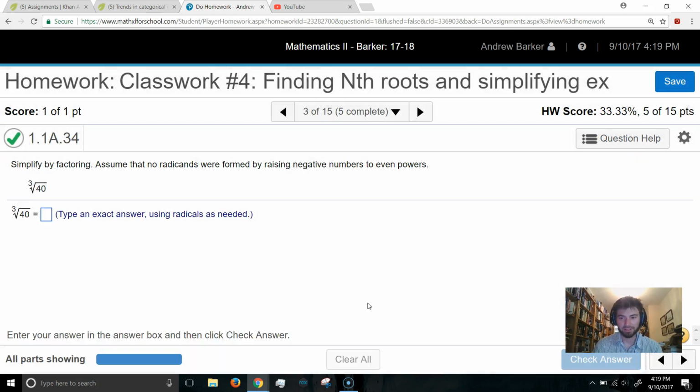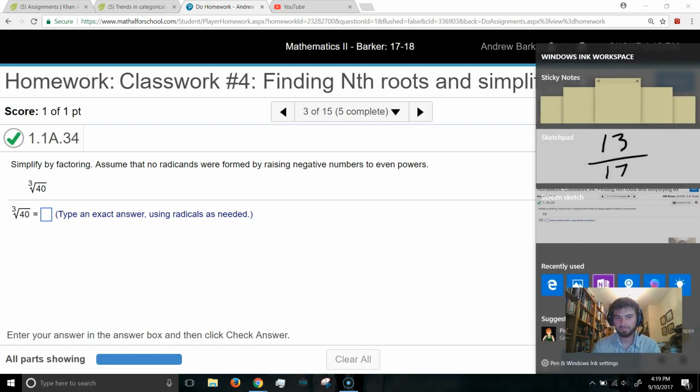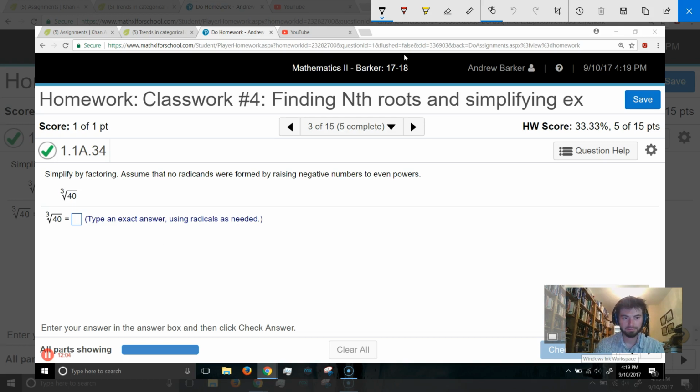All right, let's do this one. So the cube root of 40, and I'll break this down. So I'm just going to do 40, or 4 times 10. You divide it however you'd like. 2 and 2, 2 and 5.